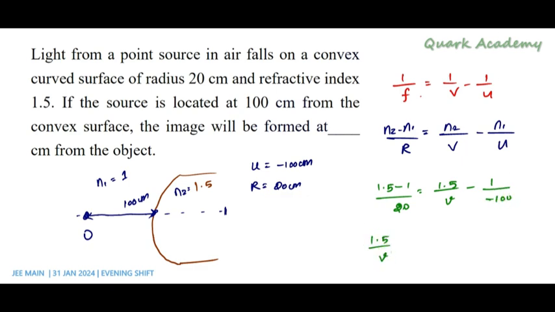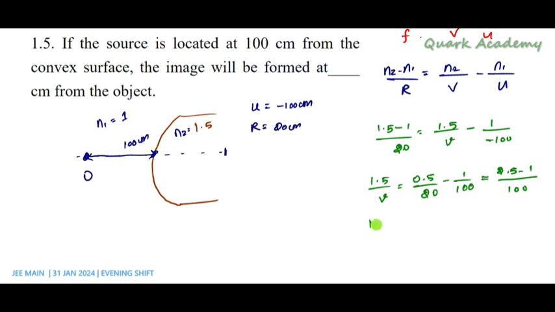So 1.5 by v will become 0.5 by 20 minus 1 by 100. If I take the LCM, it will become 2.5 minus 1 by 100. 1.5 by v will become 1.5 by 100. Therefore, v equal to 100 centimeter.